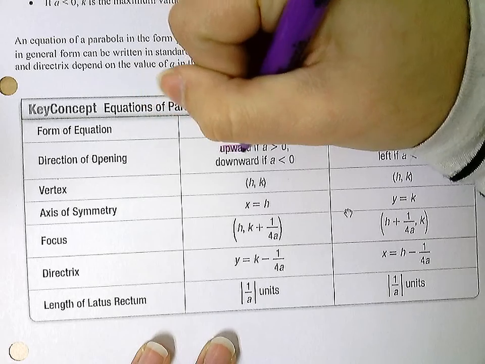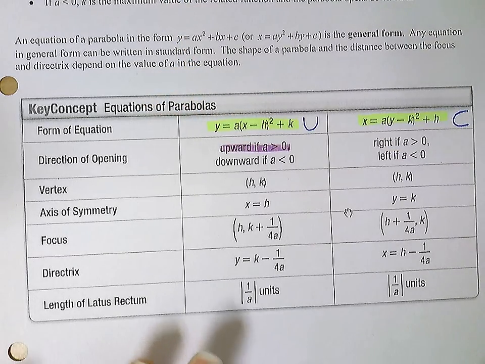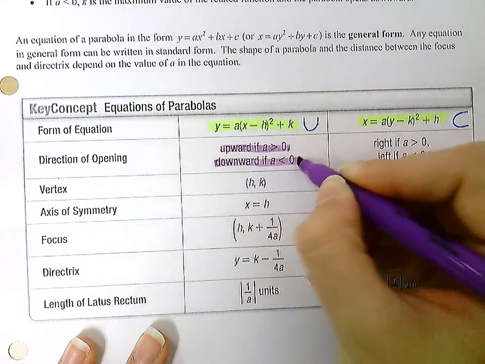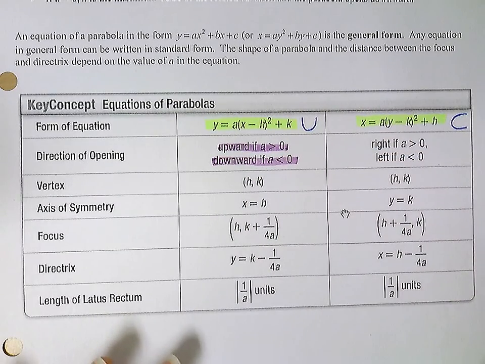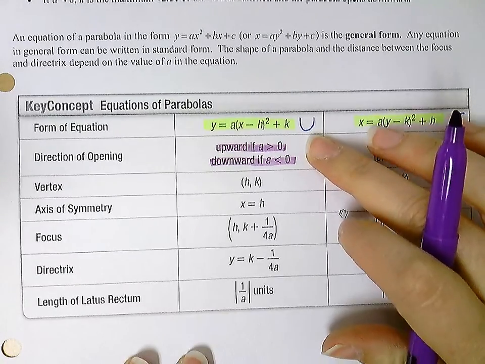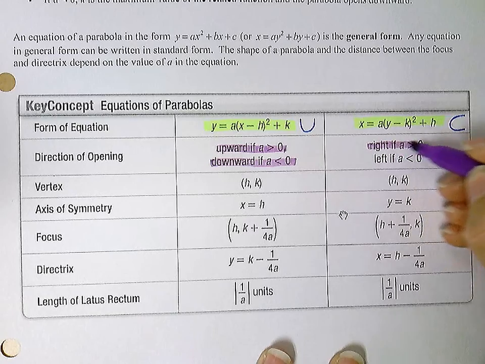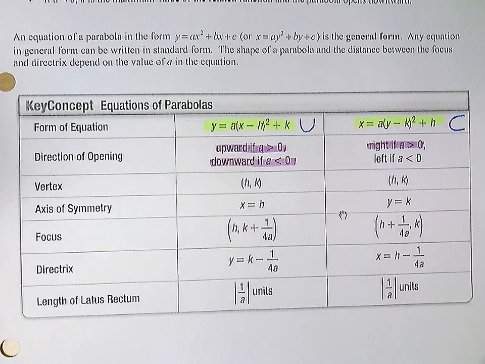So if a is greater than 0, I know purple's kind of hard to see here, it's going to open up, and if a is less than 0, it's going to open down. Okay, so that's your up and down one. This one, if a is greater than 0, it will open to the right towards your positive numbers because a is positive.